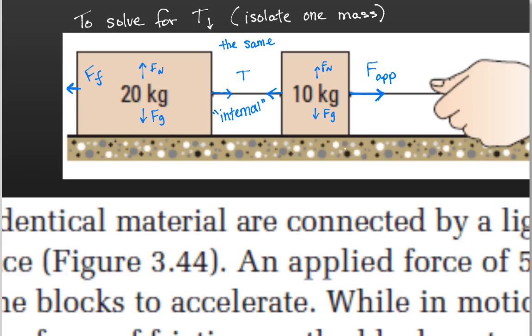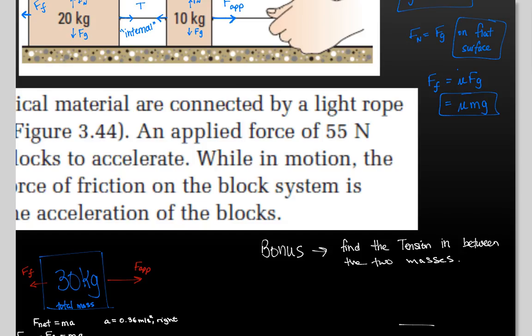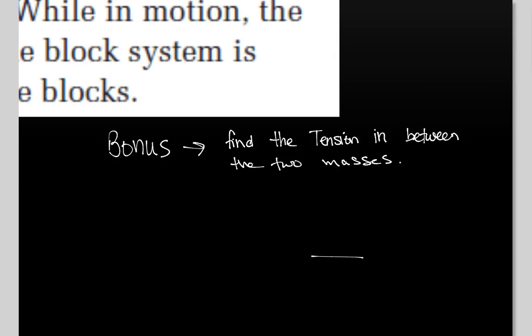We're not actually going to do it because we weren't given a coefficient of friction. I'm sure we could find it though. But what we'll do is just show you how. Remember, at the top I said isolate one mass?